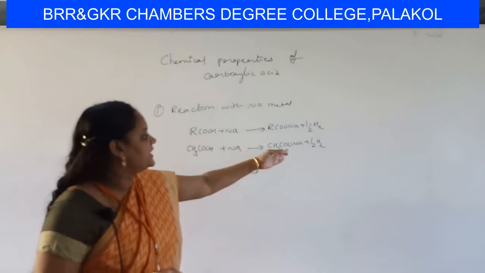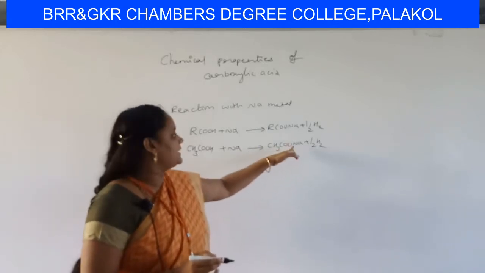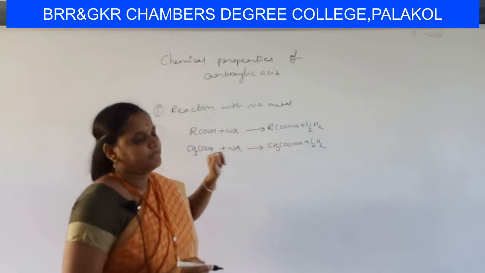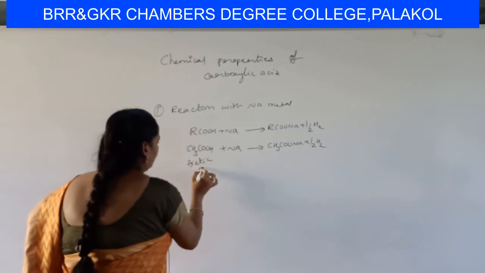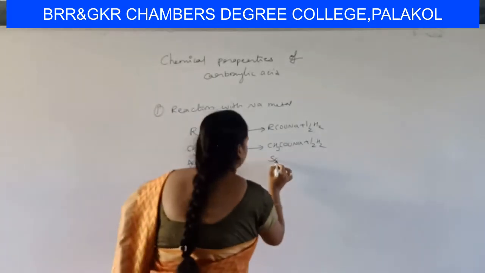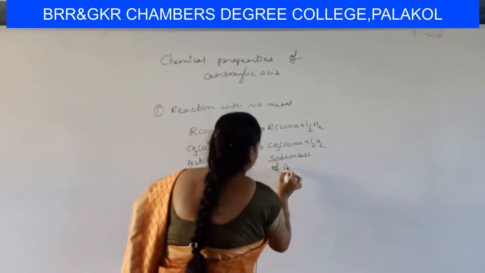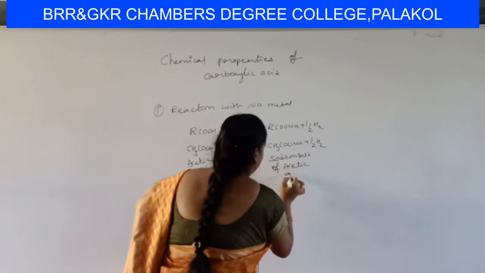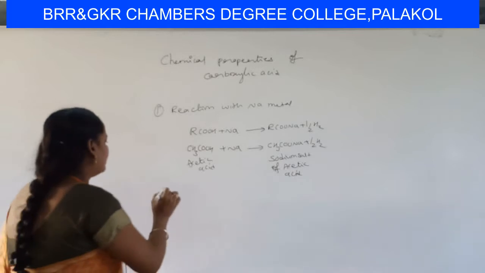Sodium salt of acetic acid, or it may be known as sodium acetate. This is acetic acid. Write down the names for every reactant students. This is the sodium salt of acetic acid. Okay students, let us see the next reaction.